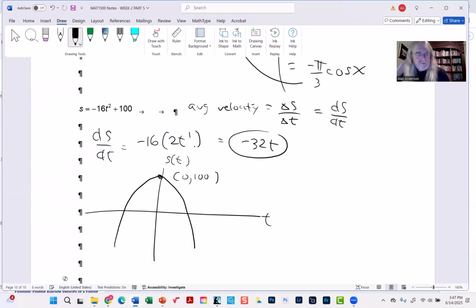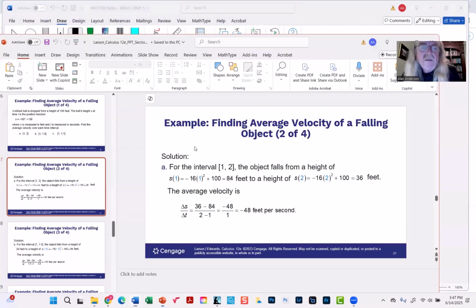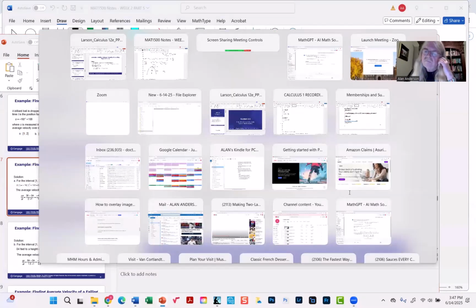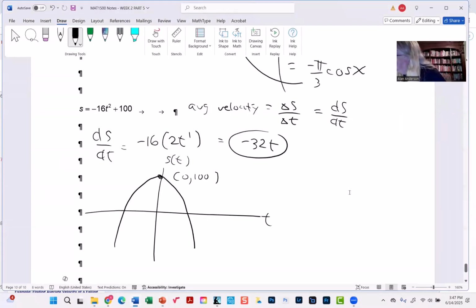And they want us to look over the interval 1 to 2. So they basically are asking you to look at the change in S over the change in T. Now the change in T is just 1.